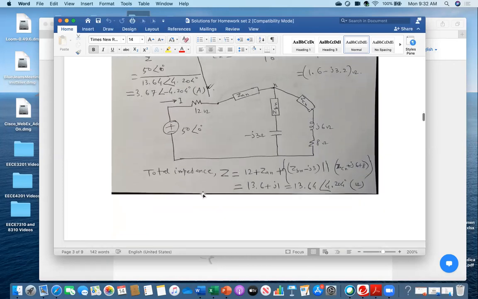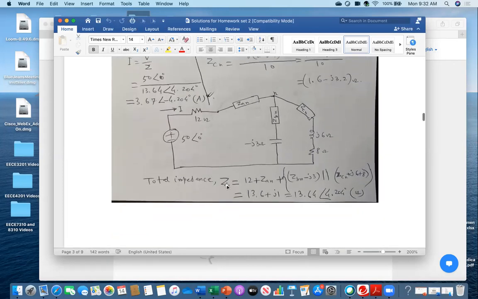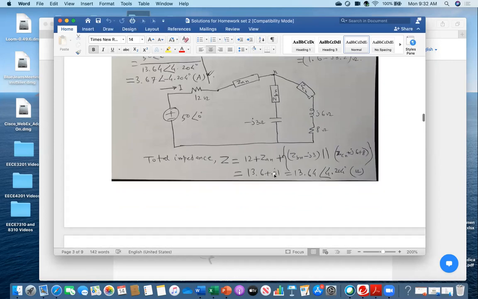That's all. So for the total impedance, I have written 12 plus this one, and then the parallel combination of GBN minus J3, parallel, this is the parallel sign, GCN plus J8 plus 8. And then if you just manipulate, finally you will get the Z value in polar form, 13.64 angle 4.204 degrees.